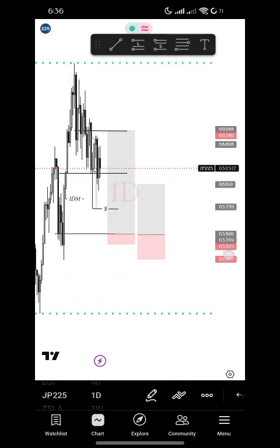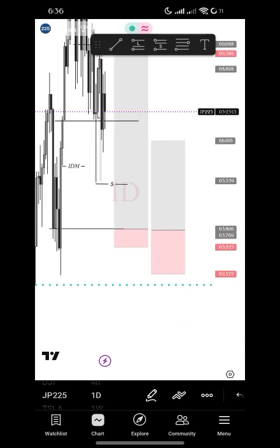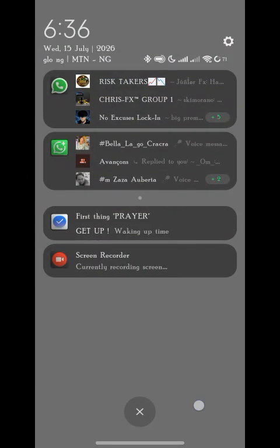Or if you know how to refine your trade, you can refine it to the lower time frame. Oh shit, my phone is hanging.